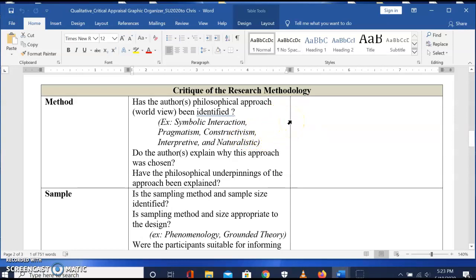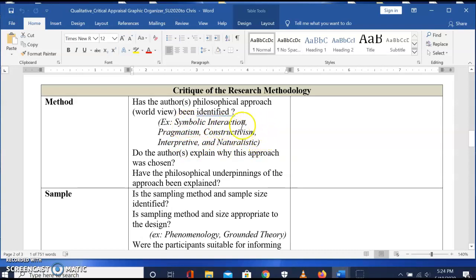Stress might be observed and measured by a heart rate of 100, versus a patient telling you, I feel stressed. So the way the researcher looks at the world can depend on their views and their beliefs. And this is where we are talking about pragmatism, constructivism, interpretivism, and naturalistic inquiry.